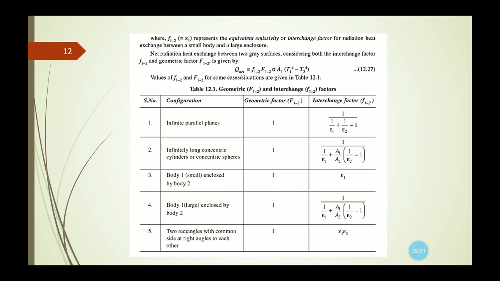So now for the third case, when body 1 is small and it is enclosed by body 2, the value of the geometric factor capital F12 is equal to 1, and the value of the interchange factor small f12 is equal to epsilon 1.